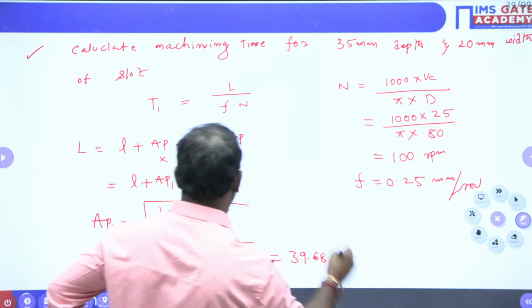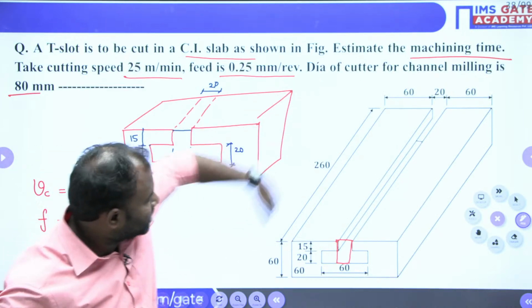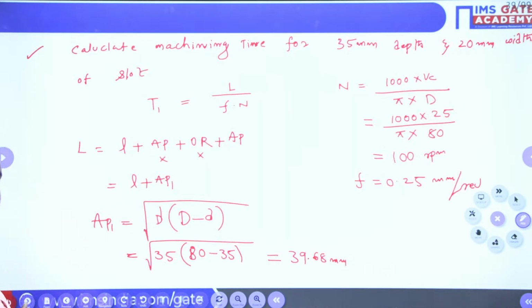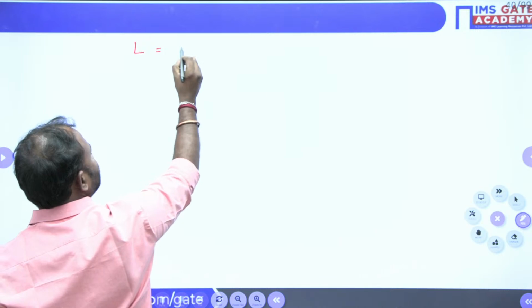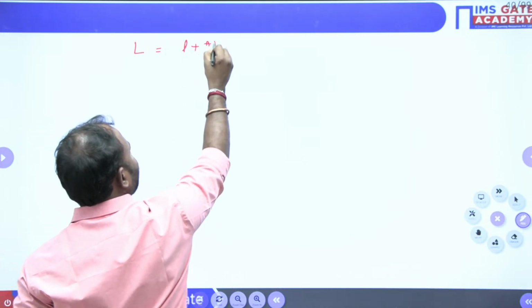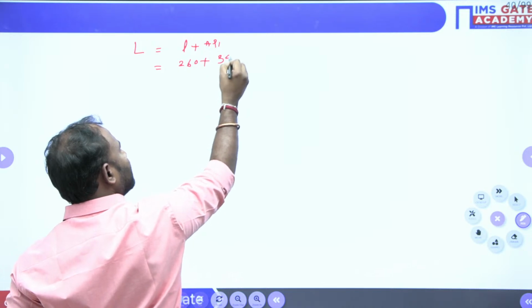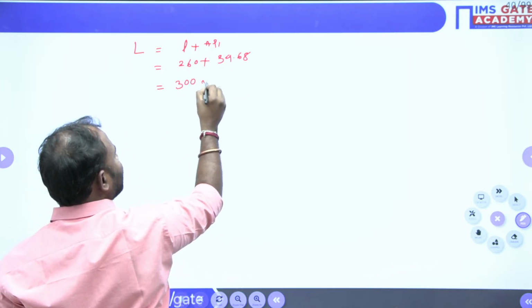39.68 mm. Now here the length of the job is 260. Approach length is 39.68. Now L equals L plus AP1, that is 260 plus 39.68, which gives approximately 300 mm.